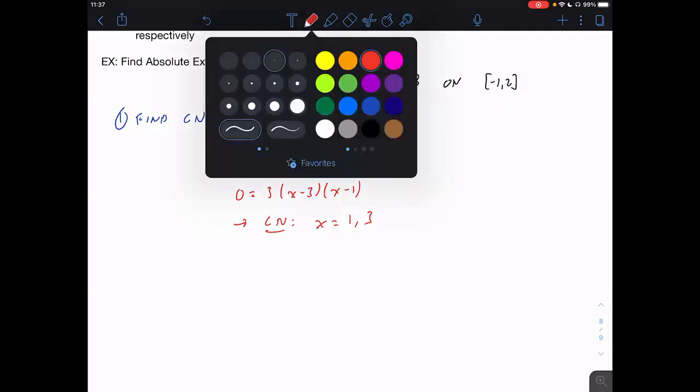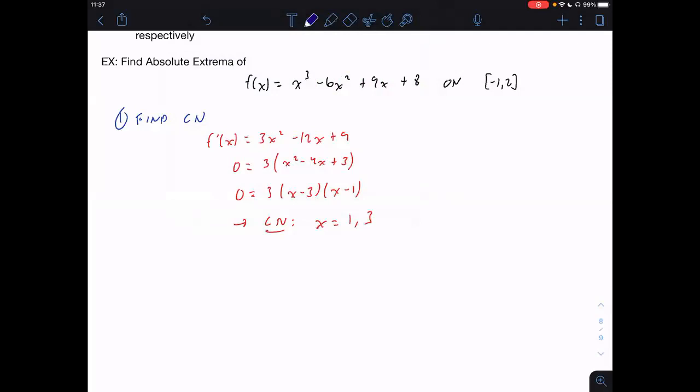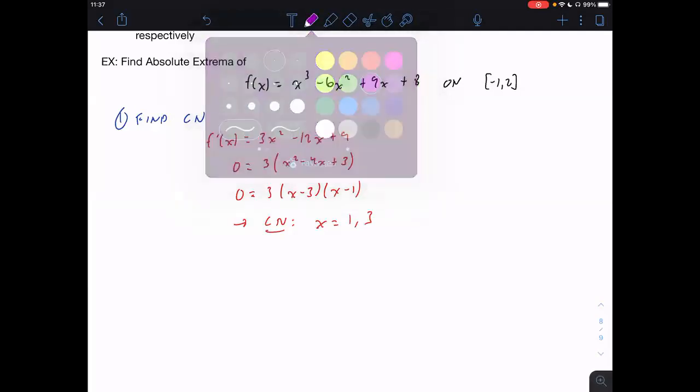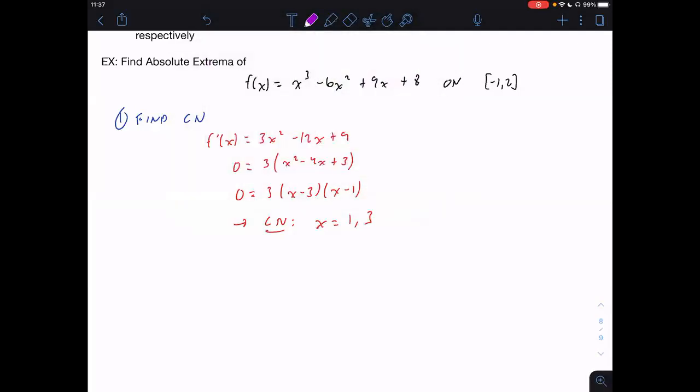So in this case, since we're just looking at from -1 to 2, we don't have to worry about this second critical value, right? Because this critical value of 3 is not in our defined domain, which for our example is from -1 to 2.